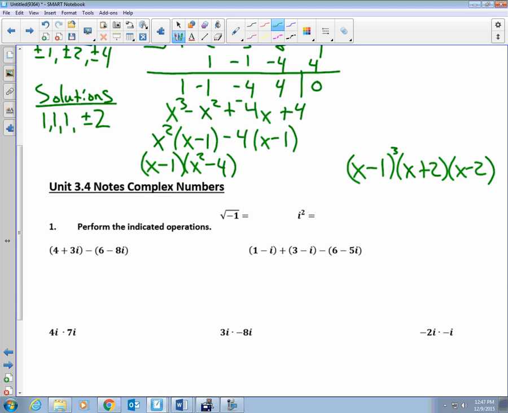You have 3 options. You can either write 1 3 times, or you can say 1 triple root, or you can write multiplicity of 3. So those are your options, and usually people just like to write 1 3 times.